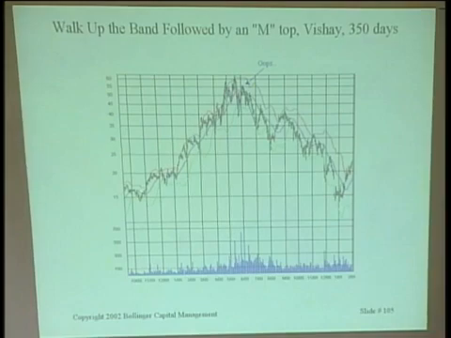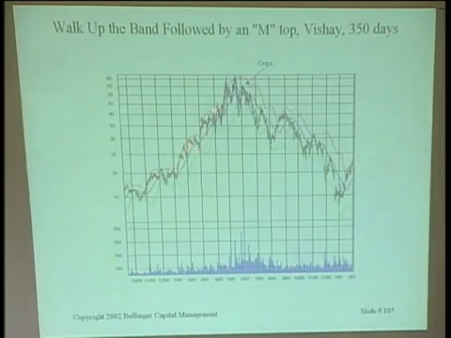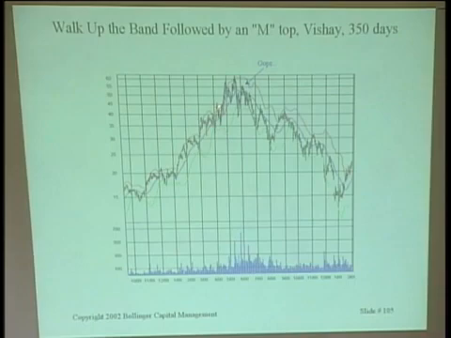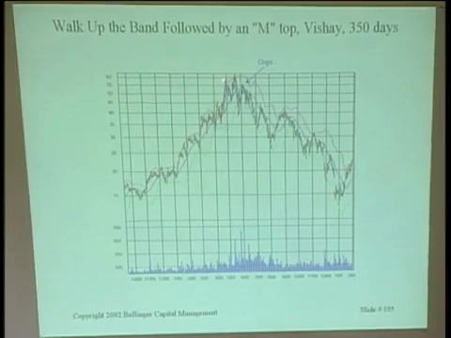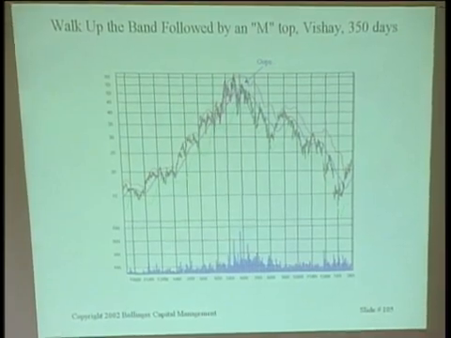This is Vishay again. This time I wrote the oops in. This is the sell signal, not this. So we march up the upper band. There's a pullback here. We march up the upper band, pullback, again, new high, pullback, new high, pullback, no new high.